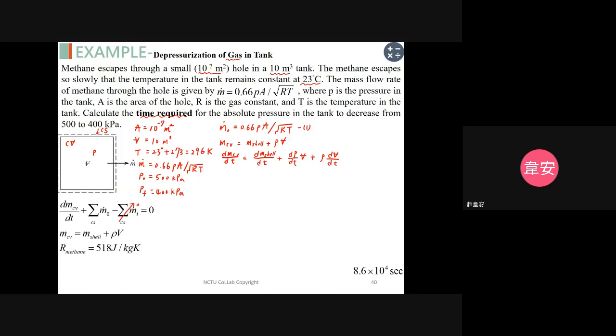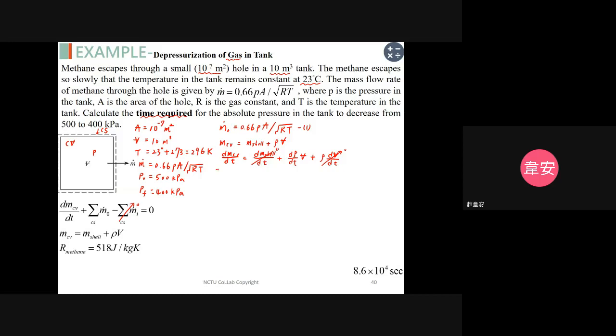And then we check that the mass of the shell didn't change with time, and the volume of the tank also didn't change with time. So for this equation, we only have dρ/dt multiplied by the tank volume. But why can the density change with time? Because our material for this problem is gas. The density of the gas can change at different times.